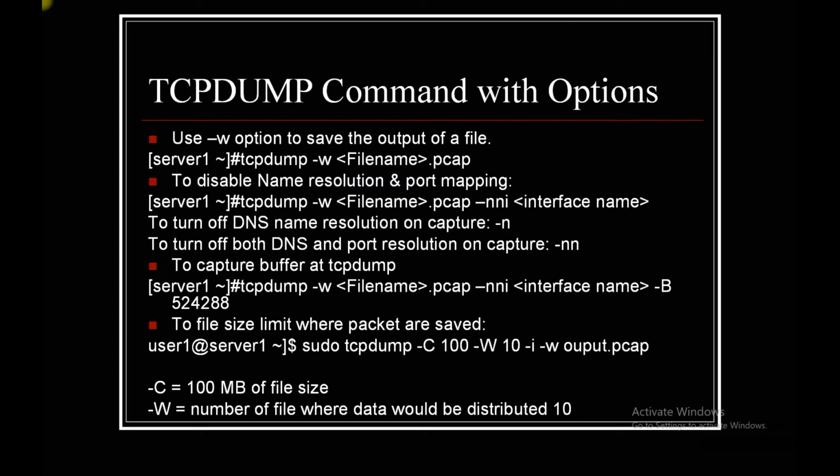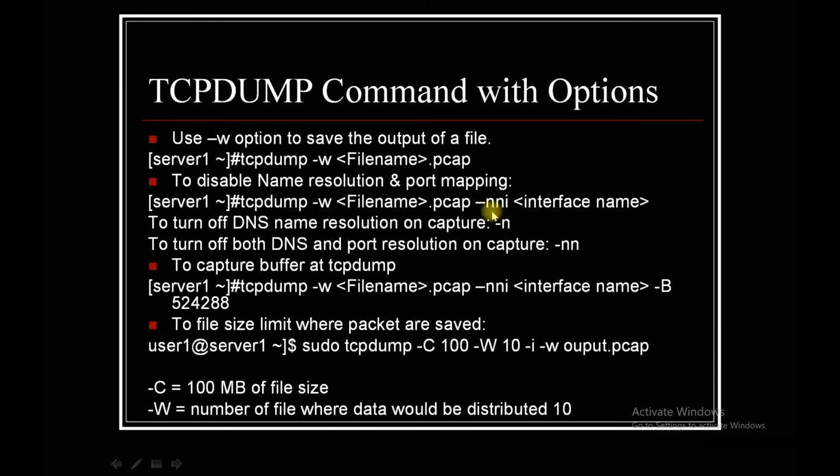Next option is for name resolution and port mapping. By default, tcpdump will resolve names through DNS, and it will also do port mapping. If you don't want this, just specify the -nn option. The first n is for name resolution, host to IP, IP to host, and the second is for port mapping.